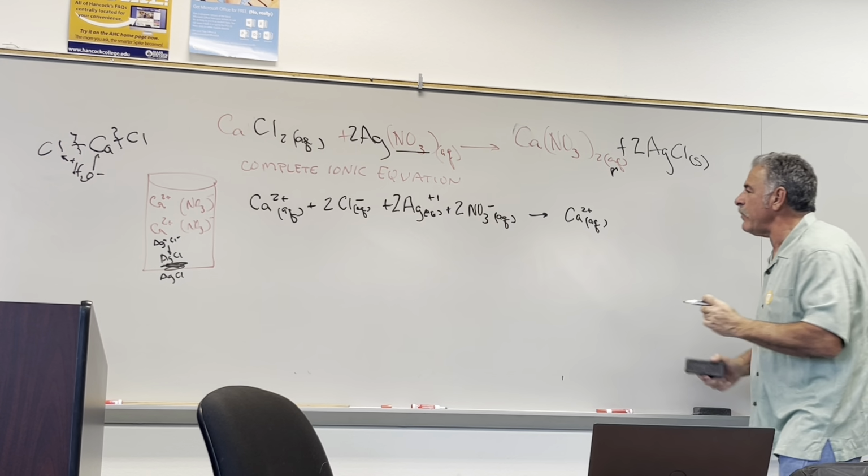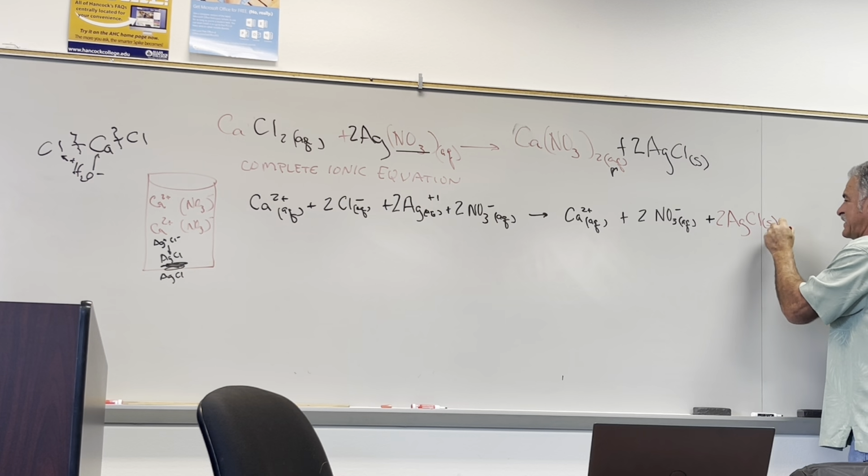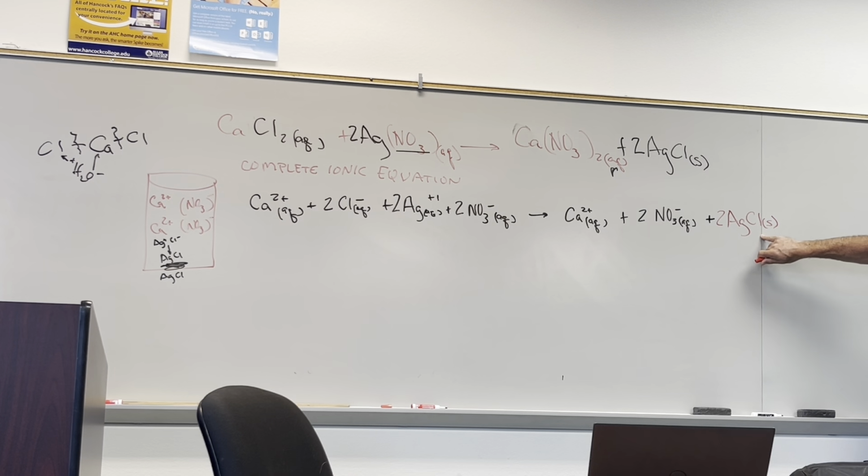This is a 1 minus, and that's why you need to either memorize or have that chart of charges. And then what happens, and I'm going to leave this a different color, is we made 2 silver chlorides, 2 silver chloride molecules.